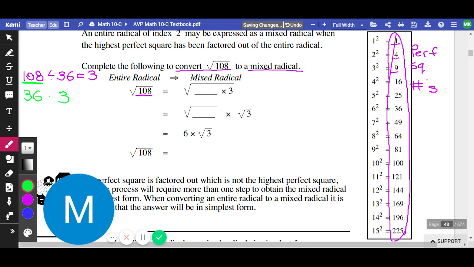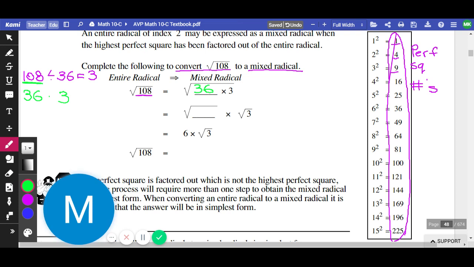It's the same thing. 36 times 3 is 108. So I'm going to take my radical, root 108, and change it to be root of 36 times 3. So I have 2 radicands here.